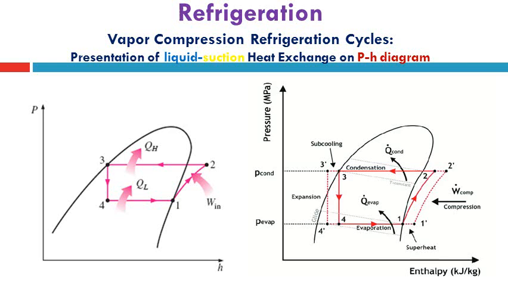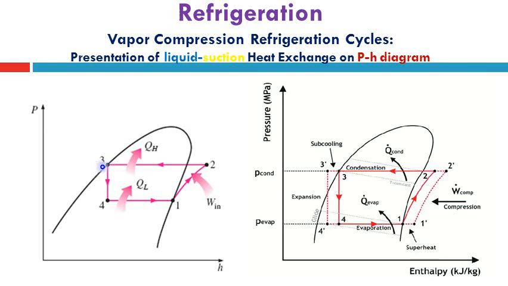This slide finally concludes the effect of the subcooling and superheat if compared between point 1, which we put on the saturated vapor line all of the time, and point 3, which we put on the saturated liquid line all of the time.